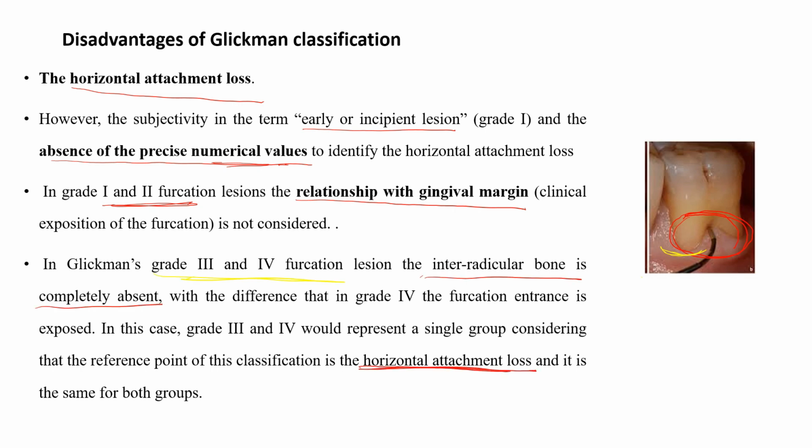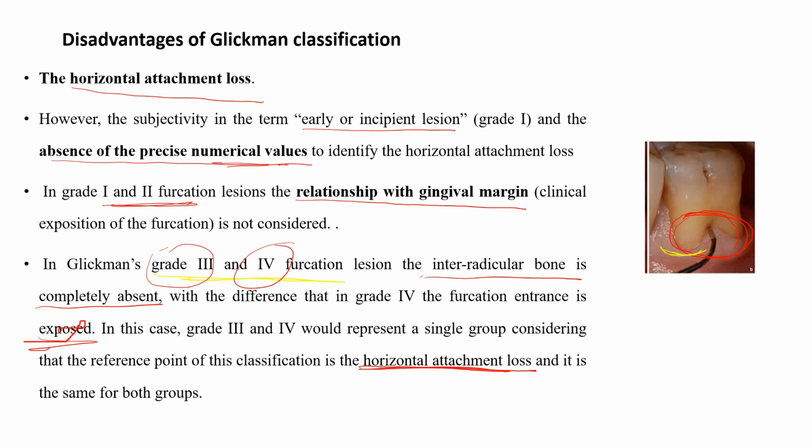Now the fourth disadvantage is that in Glickman's classification, in grade 3 and grade 4 furcation lesions, interradicular bone is completely absent. The only difference between grade 3 and grade 4 is that in grade 4 the furcation entrance is exposed, and in grade 3 it is obstructed by some bony margins or bony ridges.